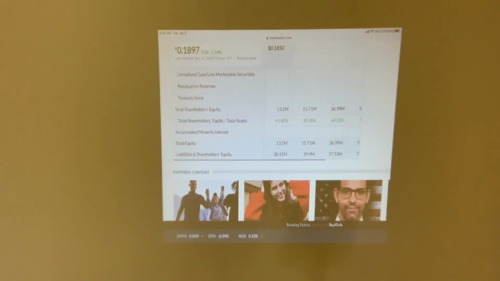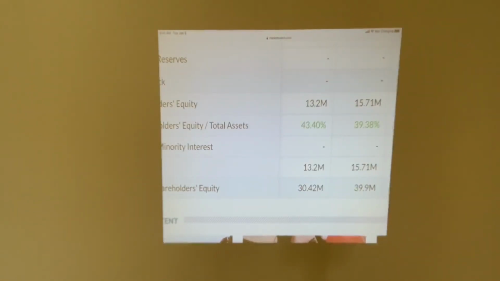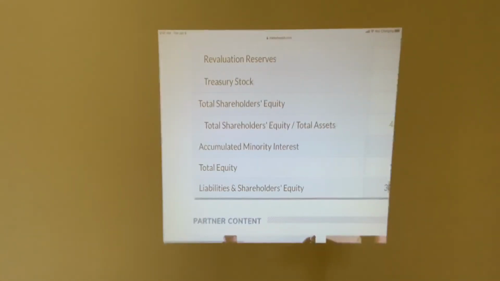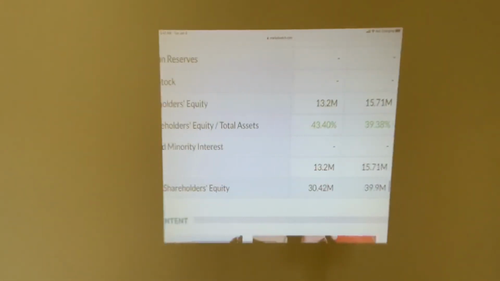So now we can look at their equity ratio, which shows you how much equity you have. You divide total shareholders' equity by total assets, and then you come up with the percentage.